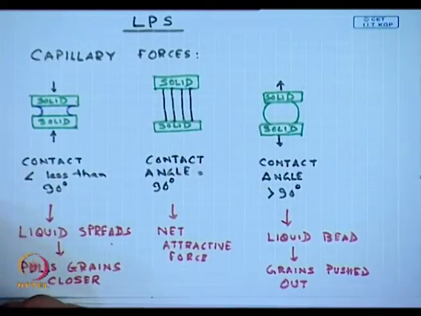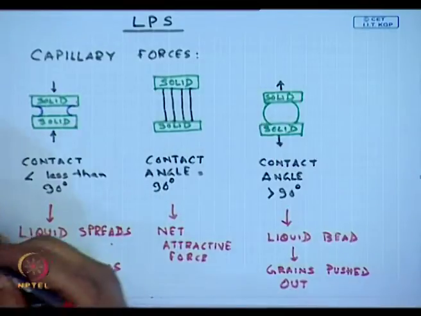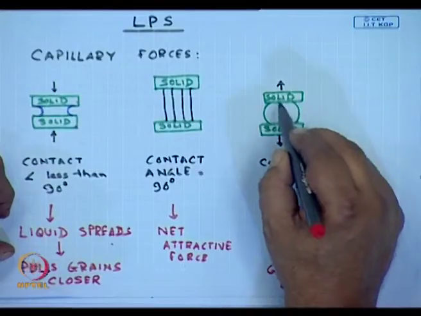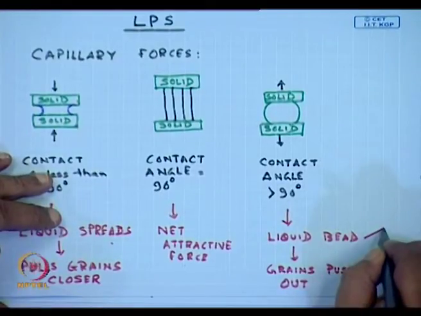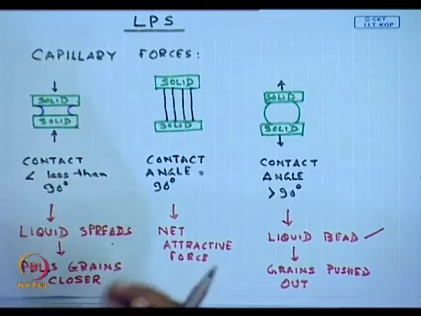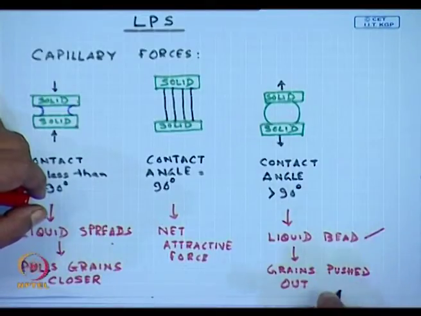Now comes the case where beading occurs. I talked of this. The liquid does not wet the surfaces. I had said the liquids form a bead. So, as more and more liquid is generated, the particles get pushed out. And in this case, sintering through liquid phase is not possible.